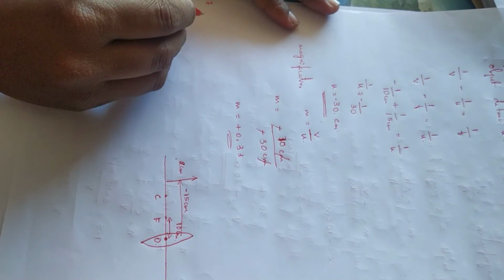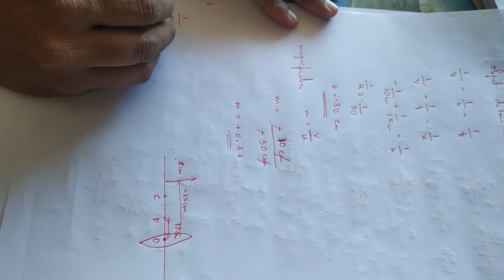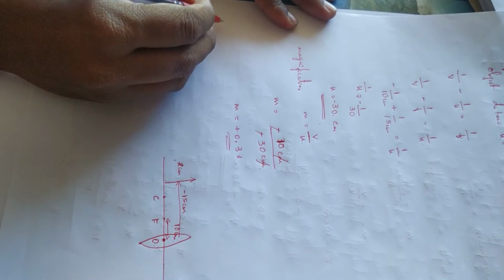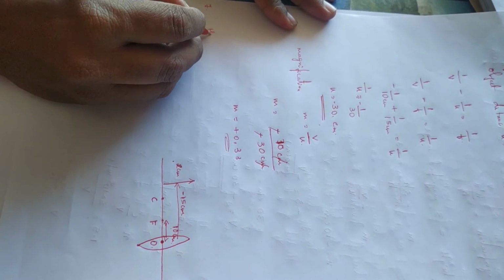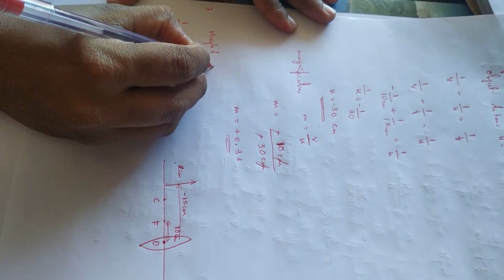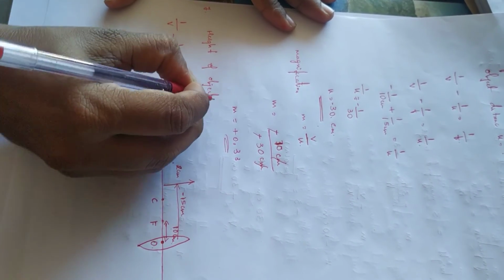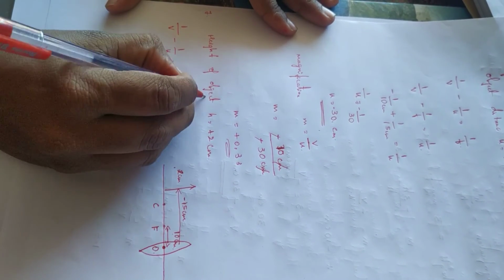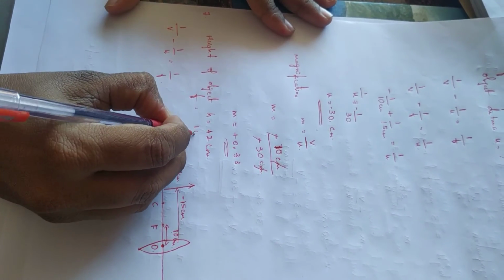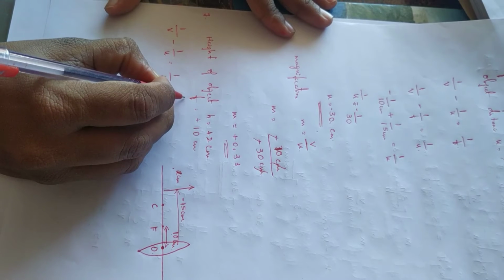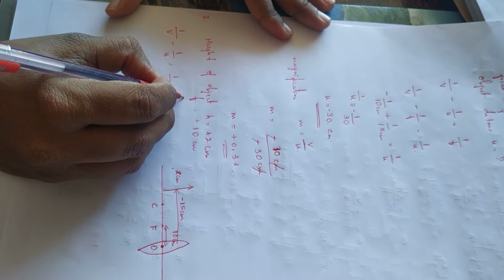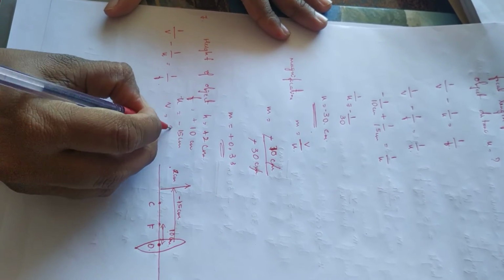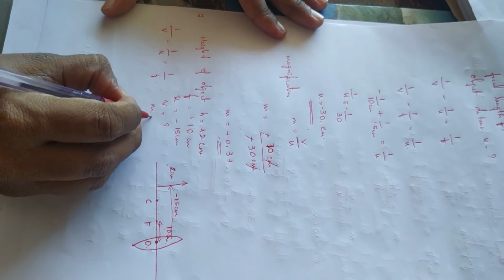Now if you go on solving this, 1 by v minus 1 by u is equal to 1 by f. Before that, what is given? Height of the object h is given, that is positive 2 centimeter. Focal length f is given, that is 10 centimeter, and object distance u is given, which is minus 15 centimeter, and we have to find v and also magnification, right?